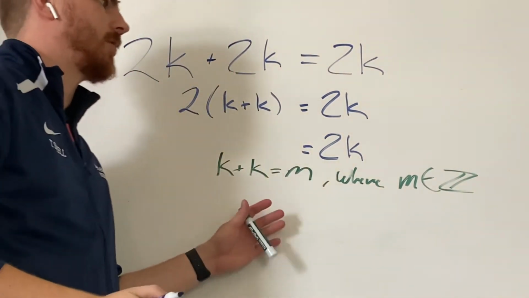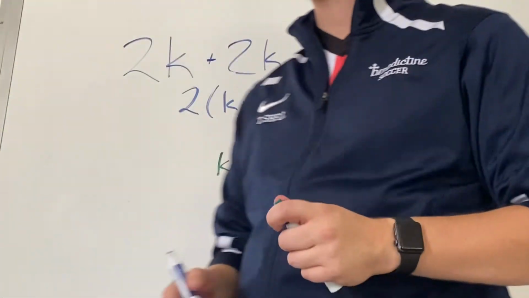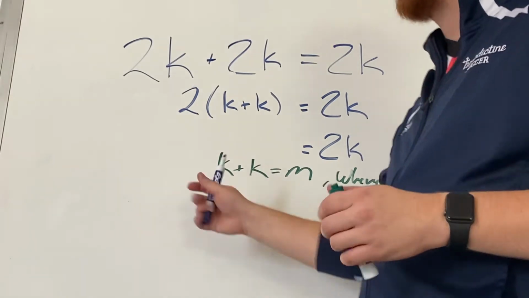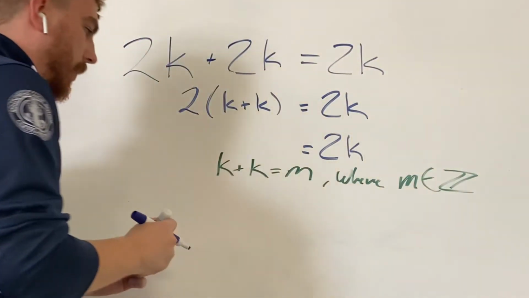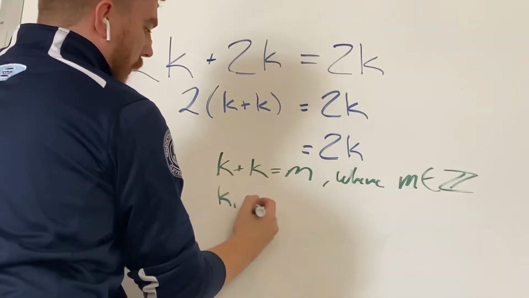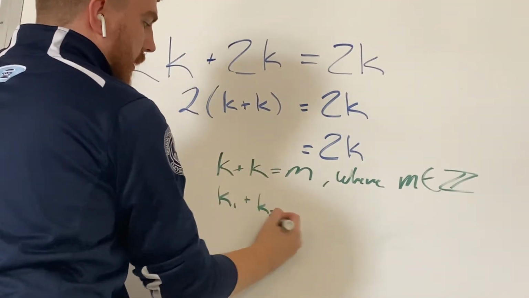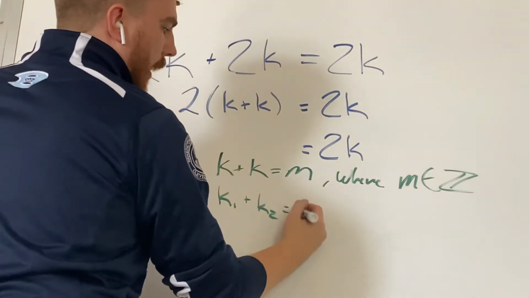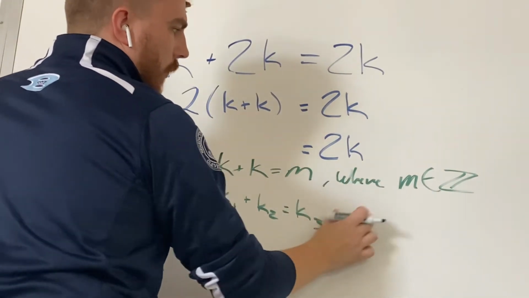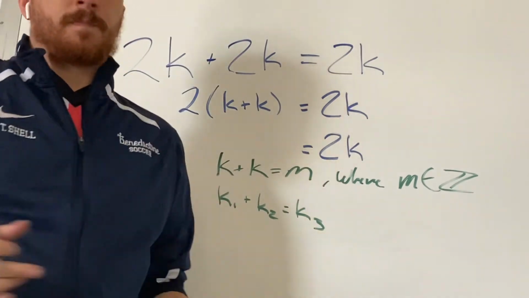If you guys have questions about it, I'll probably throw a link to a YouTube video as well that does this method. Another thing that people do that I've seen is they'll have k1 plus k2, so it's differentiating the k's, and then they'll say this is equal to k3, where k3 is an integer.